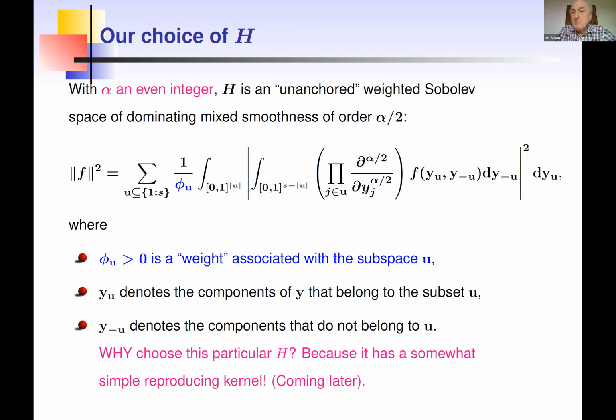And why do we choose this particular space? Because it has a beautiful reproducing kernel, which is known to us. This is very important. There are equivalent spaces with equivalent norms, but you need a norm that has a beautiful reproducing kernel.